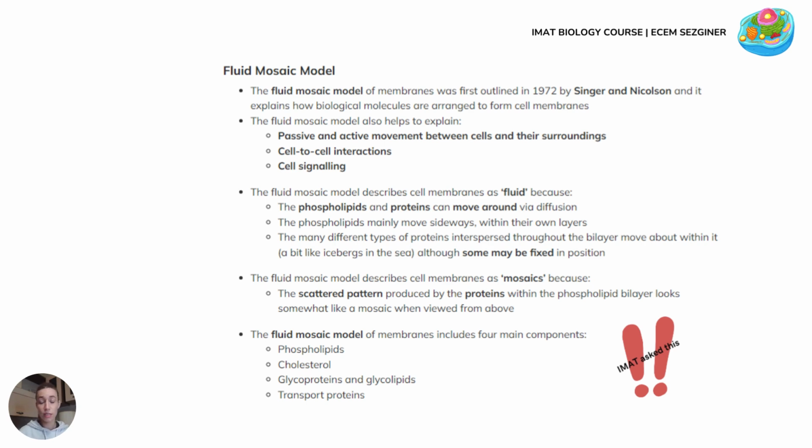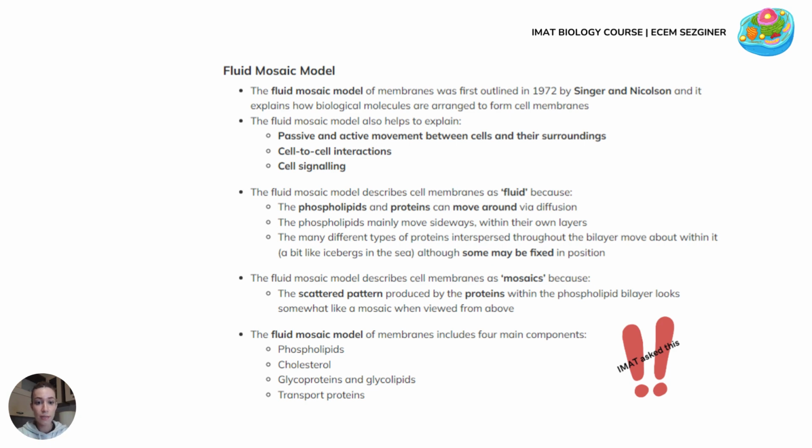But we are not going to deep dive into these features of the plasma membrane and how cells can use it for different functions. These are the topics of histology and genetics. Once you start your med school, you are going to deep dive into these features. The fluid mosaic model describes the cell membranes as fluid because the phospholipids and proteins can move around with diffusion.